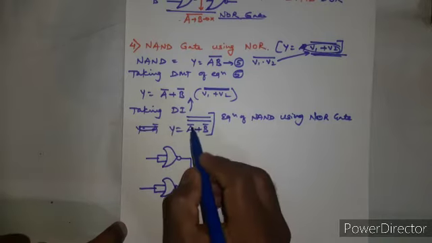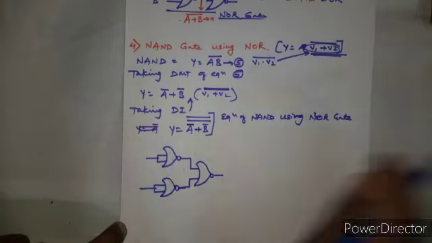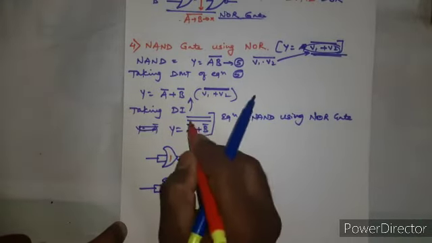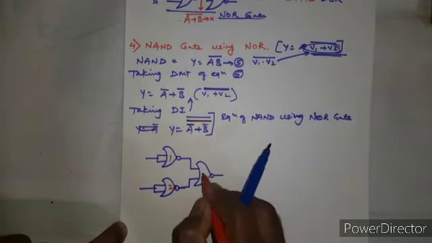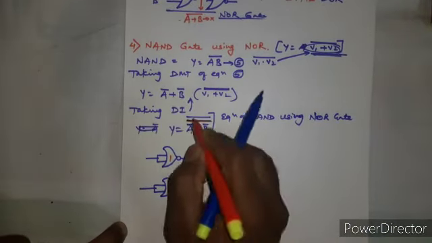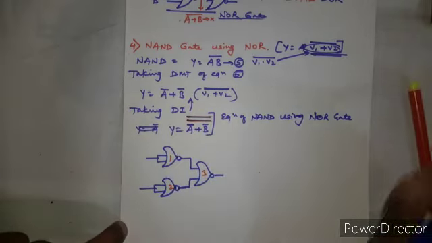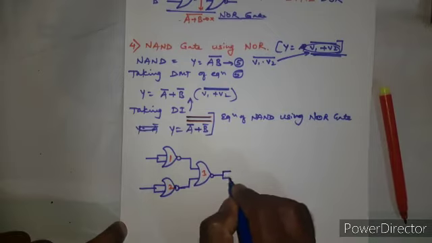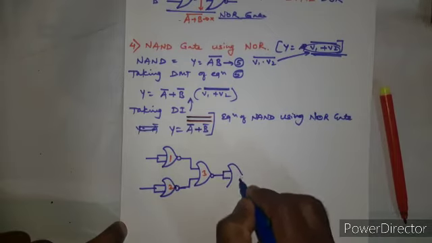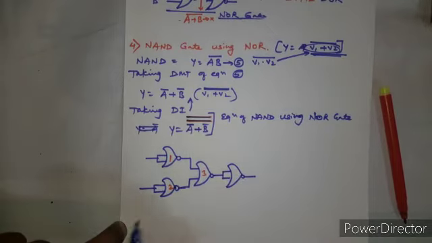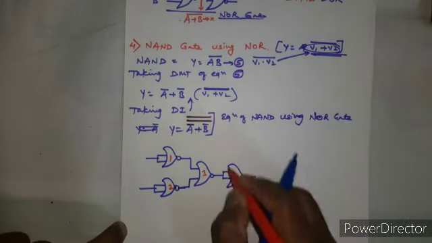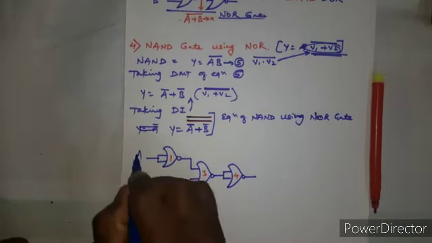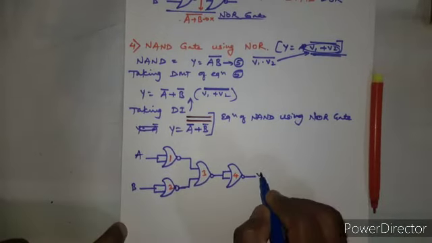So this bar means gate number 1, this b bar means gate number 2, the first bar means gate number 3, right? And this upper bar means we need to have one more NOR gate. So this upper bar means gate number 4, right?